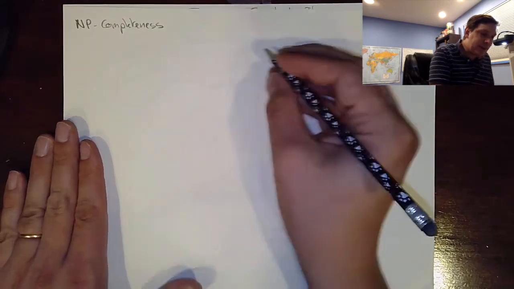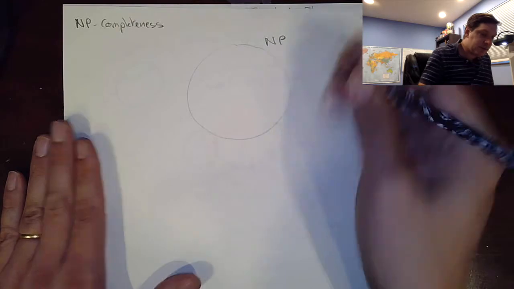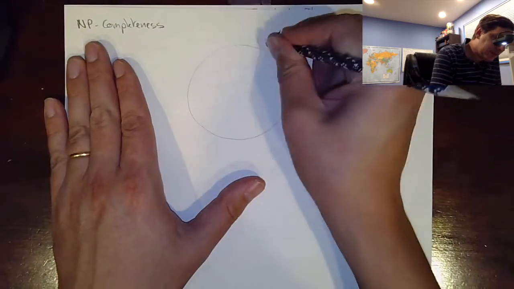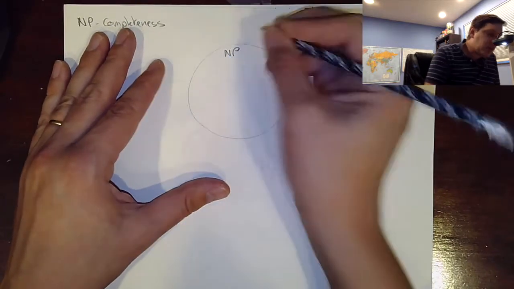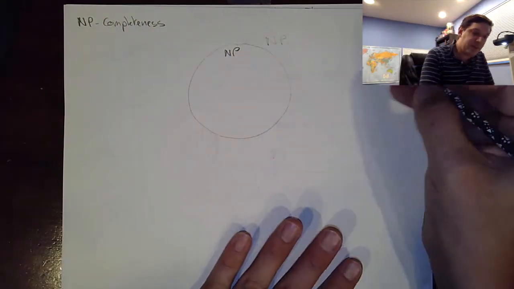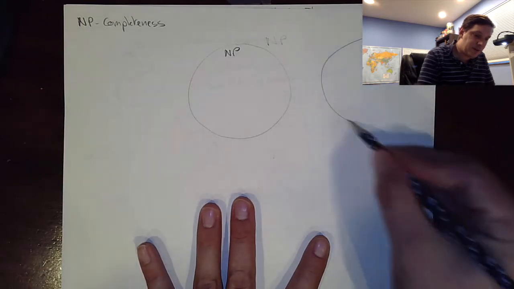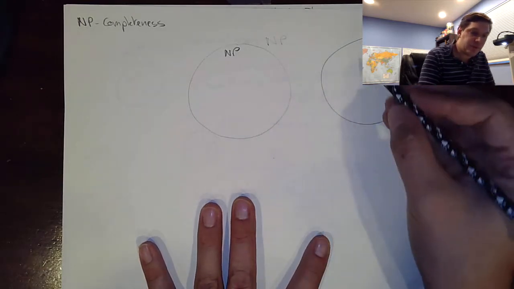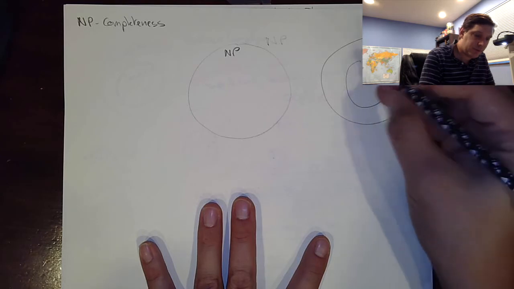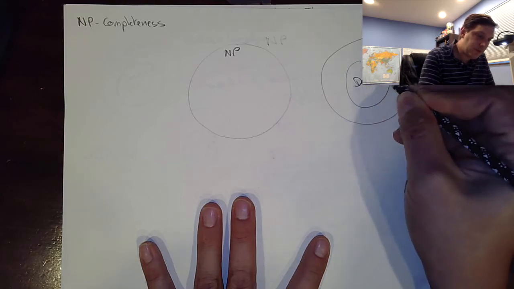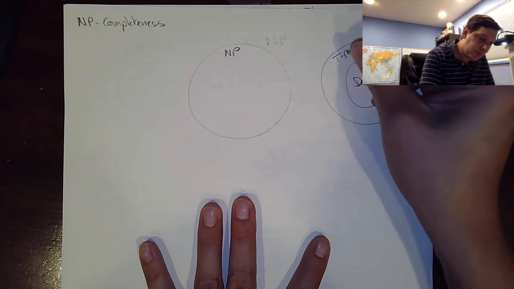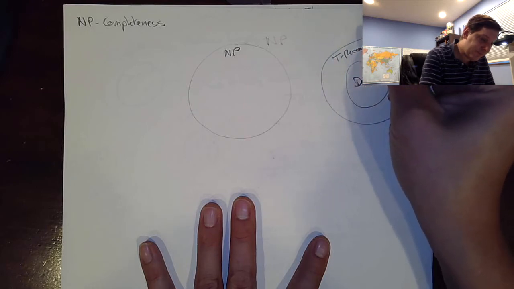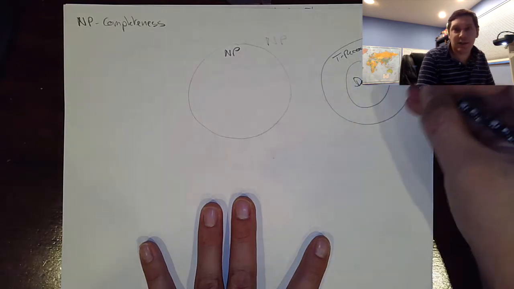So NP completeness. If this is NP, you remember how for non-decidable and undecidable, Turing recognizable, but these are undecidable, obviously.